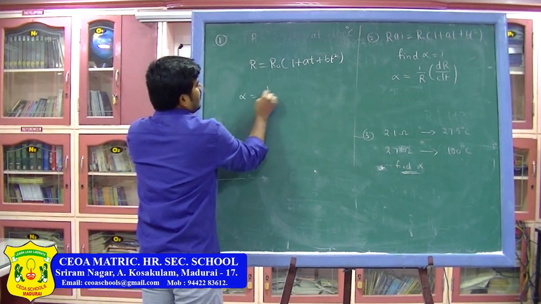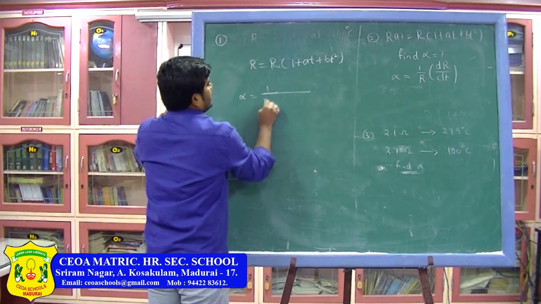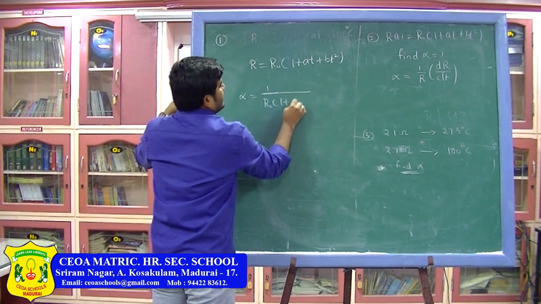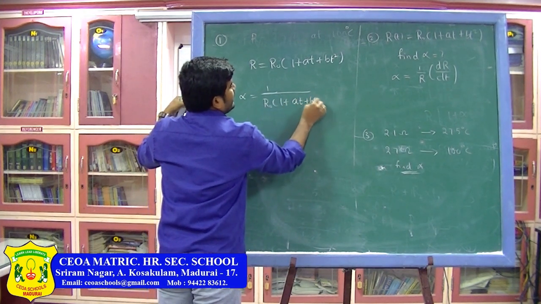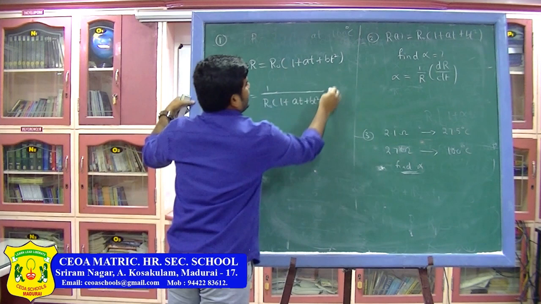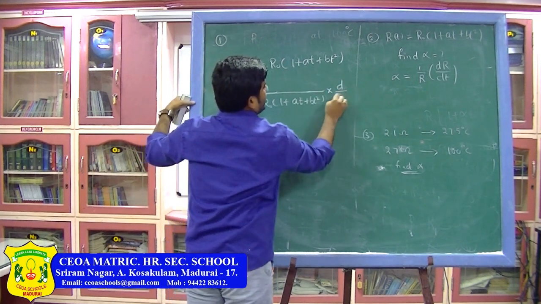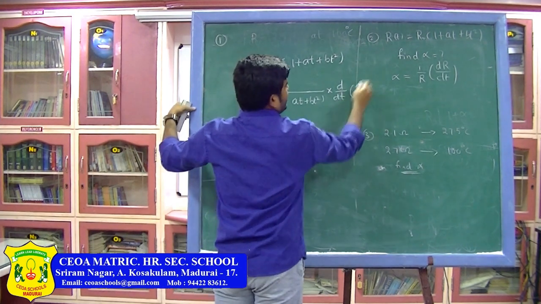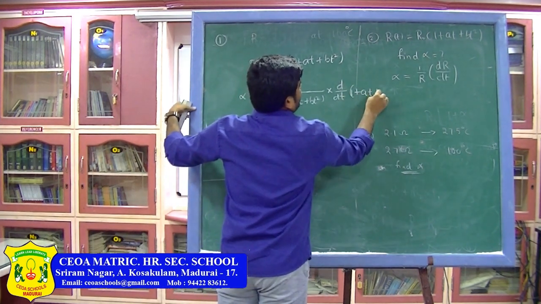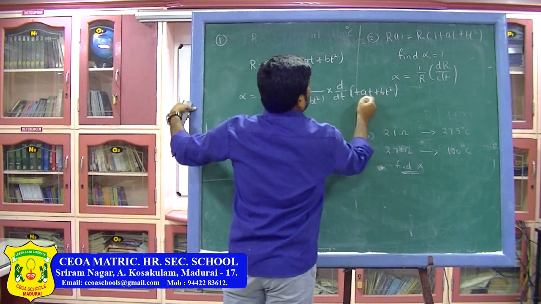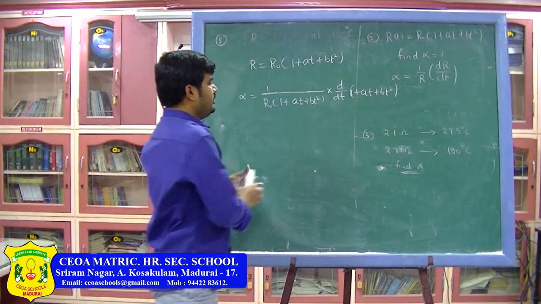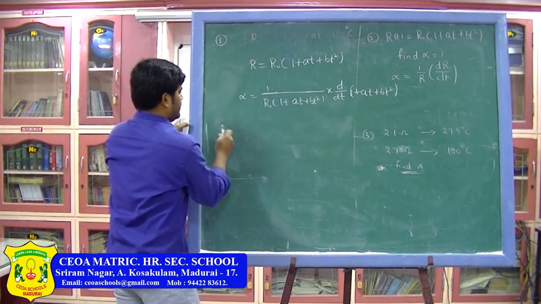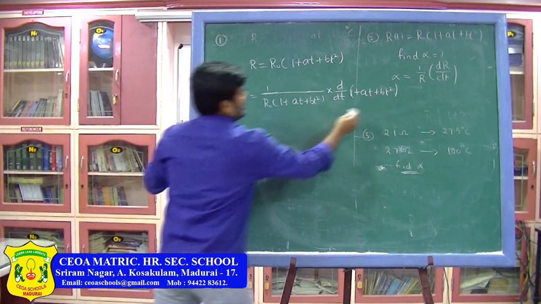Now alpha is equal to 1 by R, where R value is R naught into 1 plus AT plus BT square. This is 1 by R into dR by dT. So dR by dT, differentiation of R with respect to temperature, that is R naught into 1 plus AT plus BT square. Sorry, I forgot R naught here.